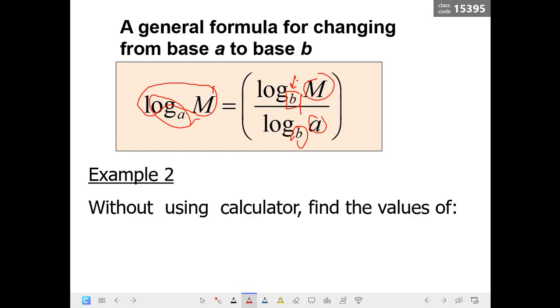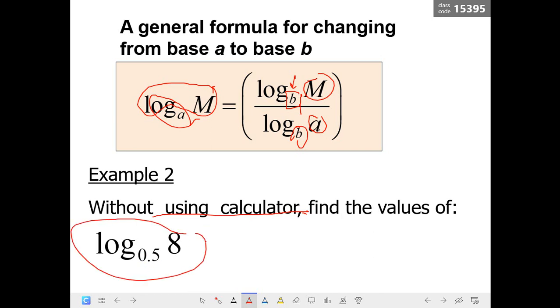And example: without using a calculator, find the value of log 8 to the base 0.5. Without using a calculator, because this is base 0.5, not 10 or even e.